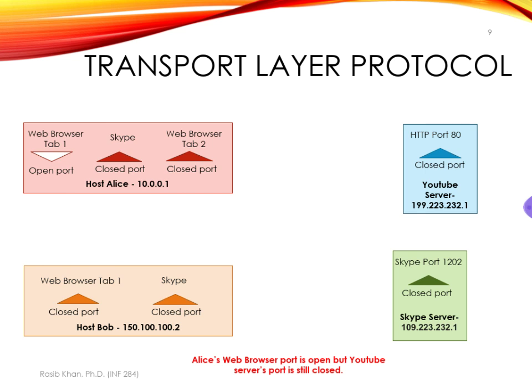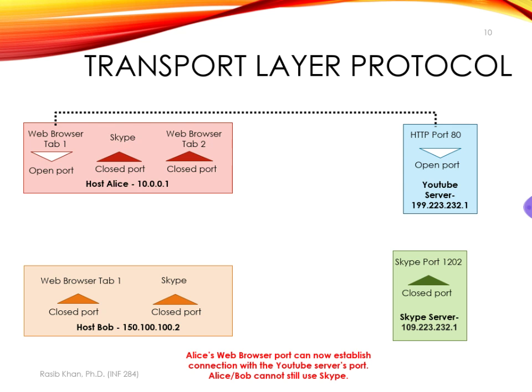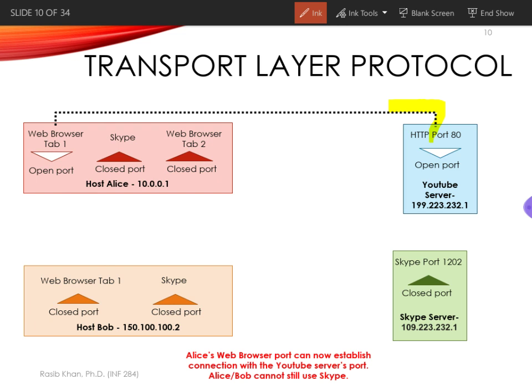So we can say that to have a meaningful communication or conversation with any other host, there should be another port open for another application on another host. So in this example, let's say web browser tab 1 is trying to play a YouTube video. So the YouTube server will need to open a port on that machine, and then these two ports can start exchanging meaningful data between these two hosts.